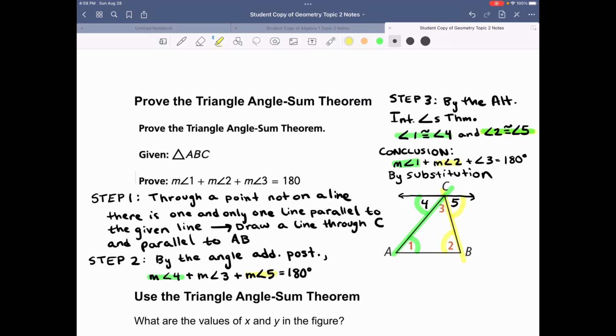I'll make them yellow. And we can just substitute those in, and we can see that the green, angles 1 and 4, can just be substituted in for each other, so that we can show that angles 1, 2, and 3, which are the angles inside the triangle, add up to 180 degrees, proving the triangle angle sum theorem.